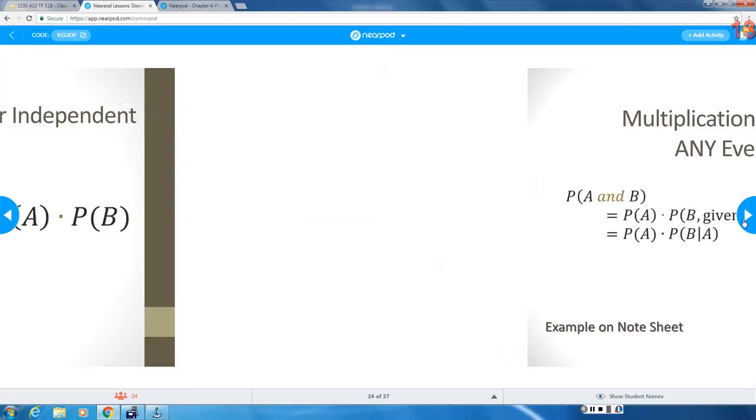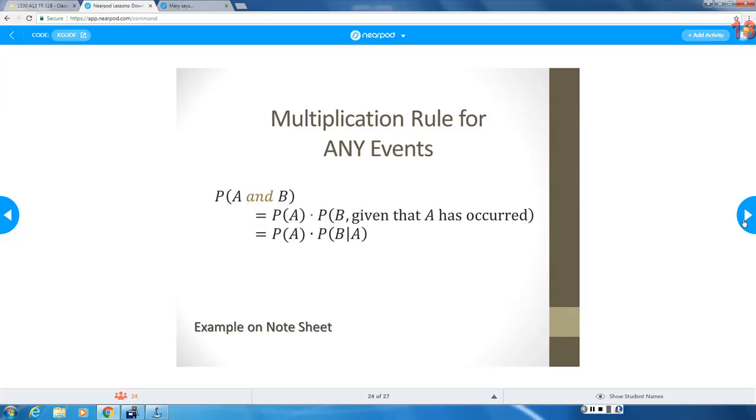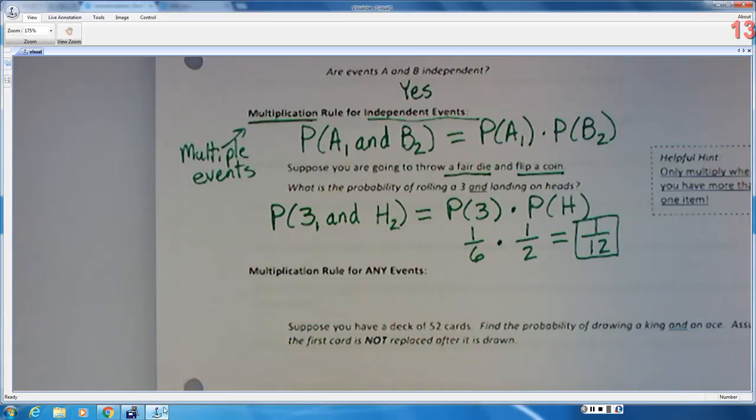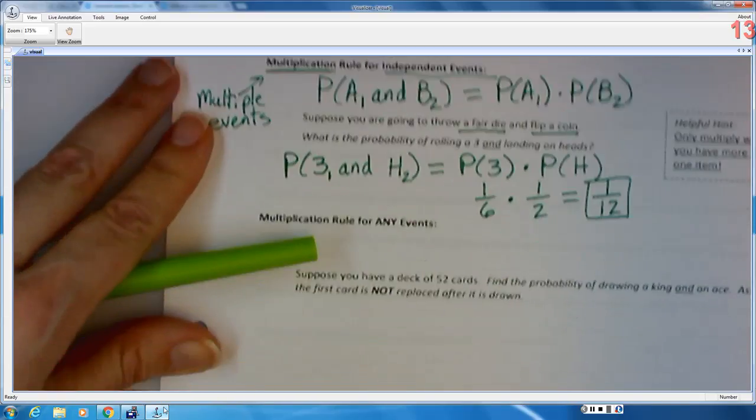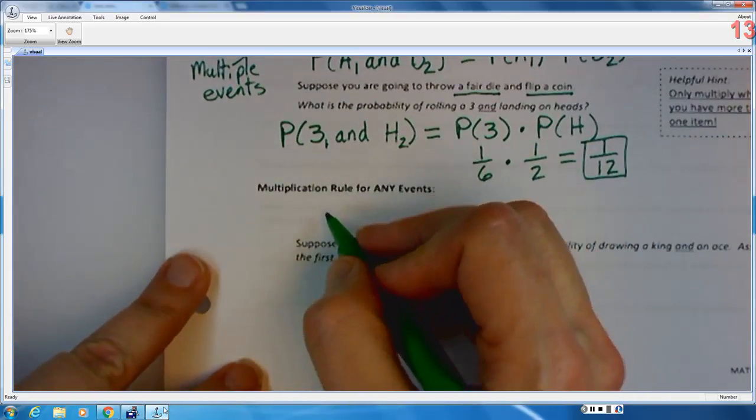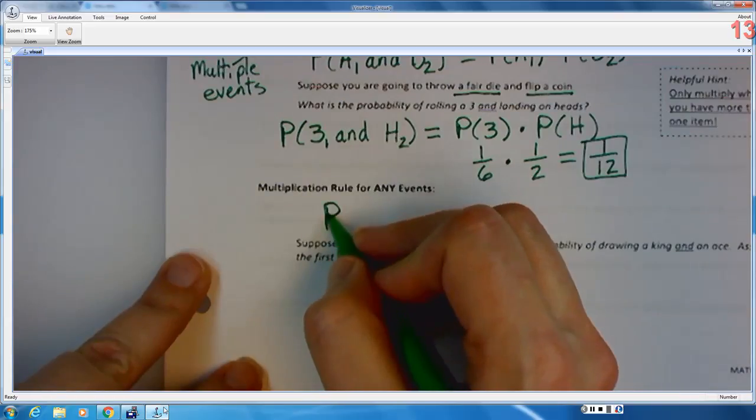This is the multiplication rule. Multiplication rule for any events. I have to explain what this is, and there's an example. So we're going to go to this example, and I'm going to tell you to do a Nearpod if you don't understand this.